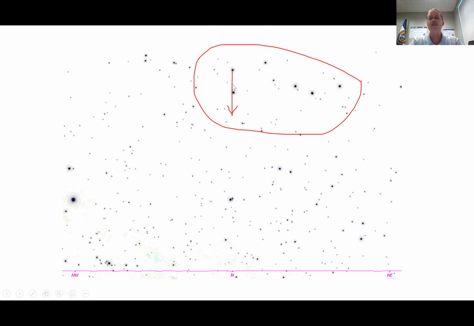But if you draw an arrow right through there, it's going to point you right down here to the North Star. Now the North Star is not the brightest star in the sky. It's not as bright as several of these up here in the Big Dipper or some of these others around it. But it's the star that is always in the same place in the sky.